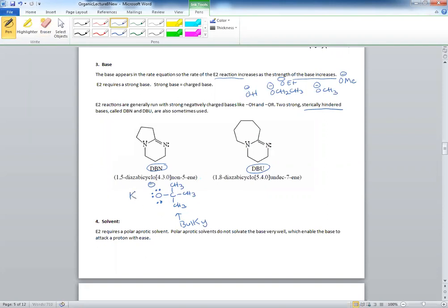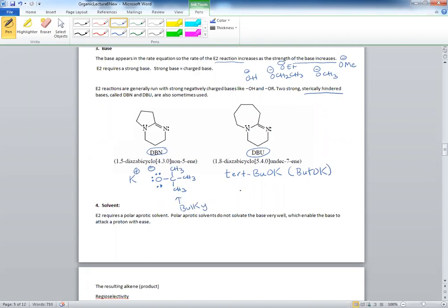Sometimes it's written, of course, with K as a spectator ion. You would see it as tert-BuOK, or sometimes BuOK.